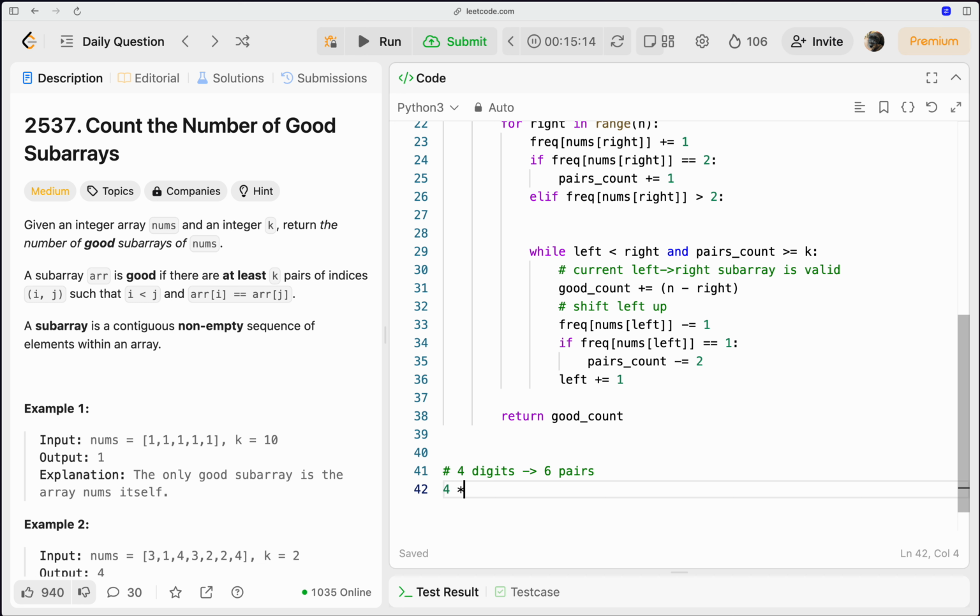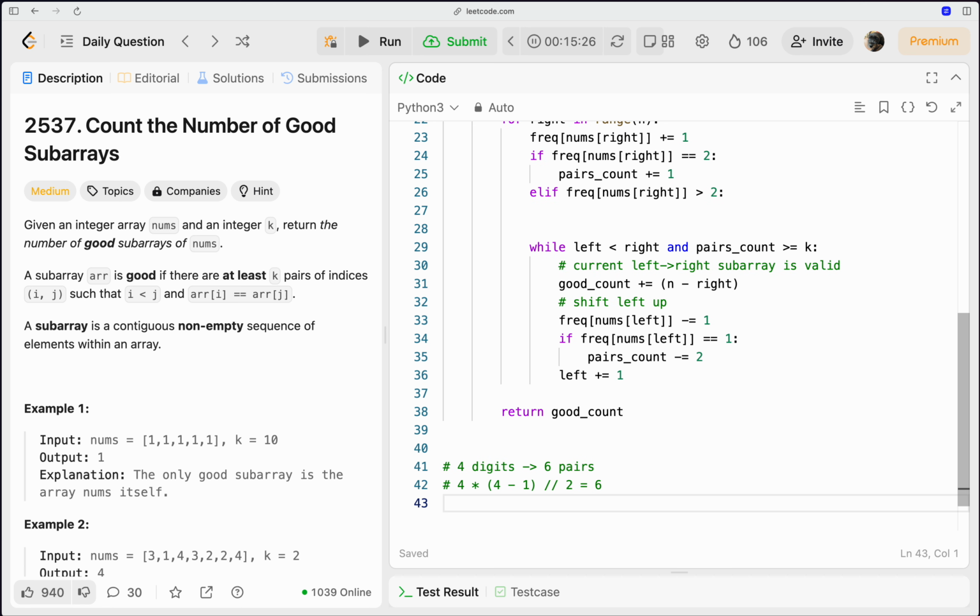Oh, is it 4 times 4 minus 1? So that's 12 divided by 2 is 6.